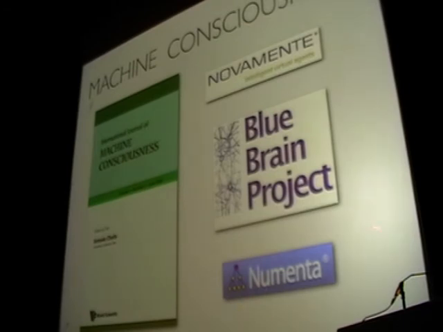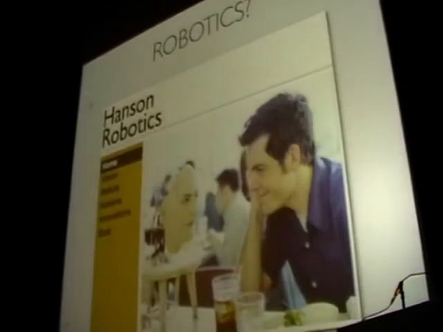Then two projects trying to reverse engineer the brain: the massively collaborative Blue Brain project, and the Silicon Valley startup by Jeff Hawkins, Numenta. These are all part of the context of what we were embarking upon.